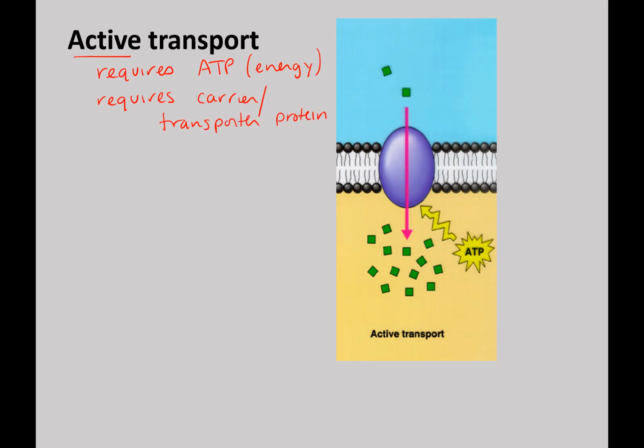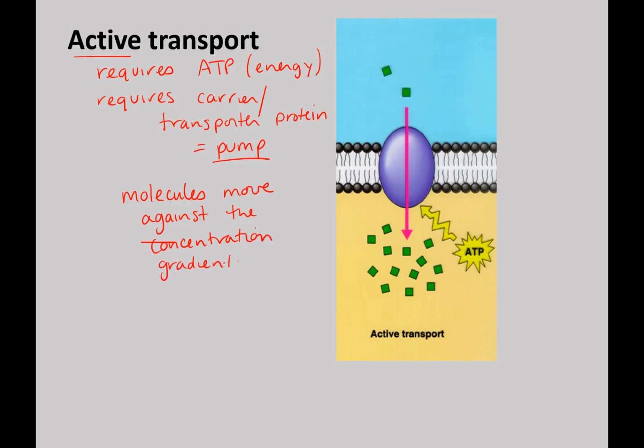And now we call this protein a pump, because what the protein is doing is pumping molecules against its concentration gradient. That means the molecules are moving from low to high. Okay, so this is harder to do. This requires energy.